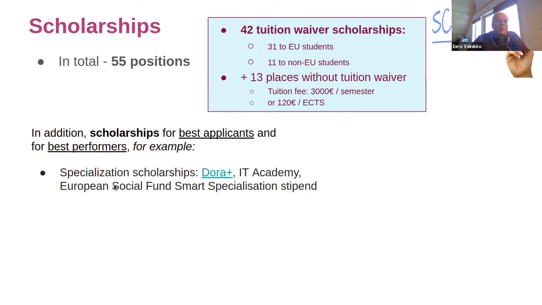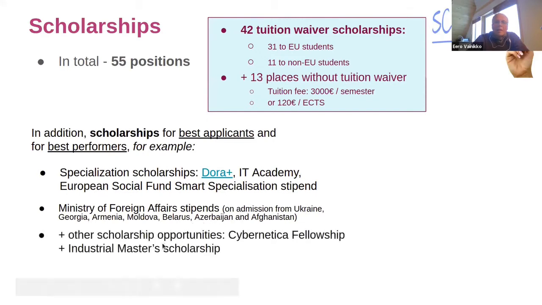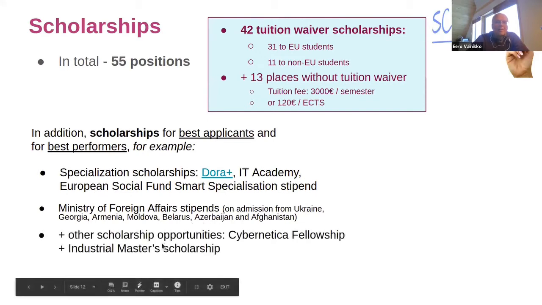For example, specialization scholarships, DORA Plus, IT Academy Scholarship, European Social Fund, Smart Specialization Stipend. For certain countries, there are also Ministry of Foreign Affairs stipends. And then there are quite a few other stipends available as well, like Cybernetica Fellowship or Industrial Master Scholarship.